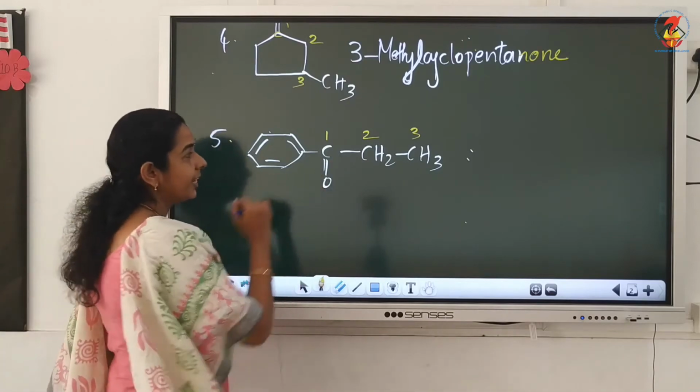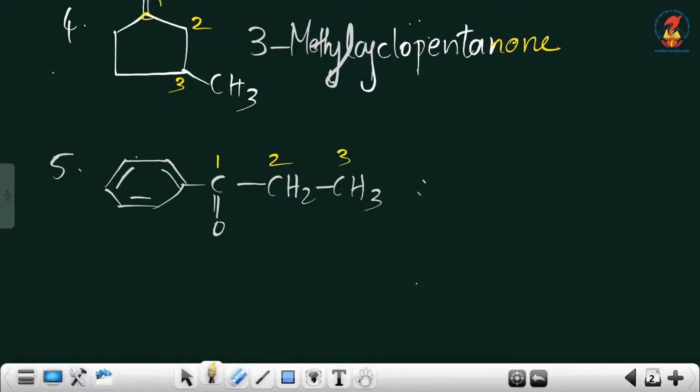Okay. So what is the name of this compound? 1, 2, 3 carbon. So the word root is prop. These 3 carbon atoms are singly bonded. Always check the parent chain only. So here the parent chain is with the 3 carbon atoms.